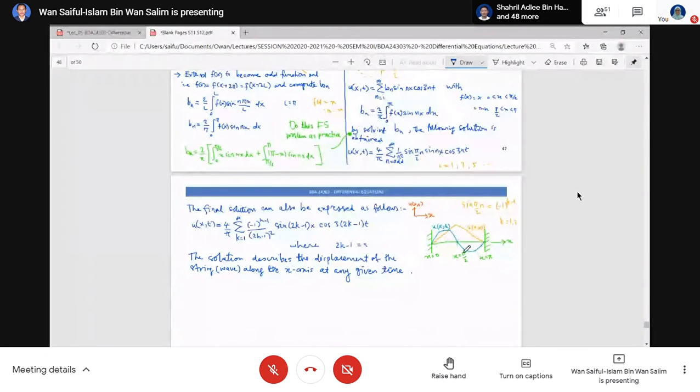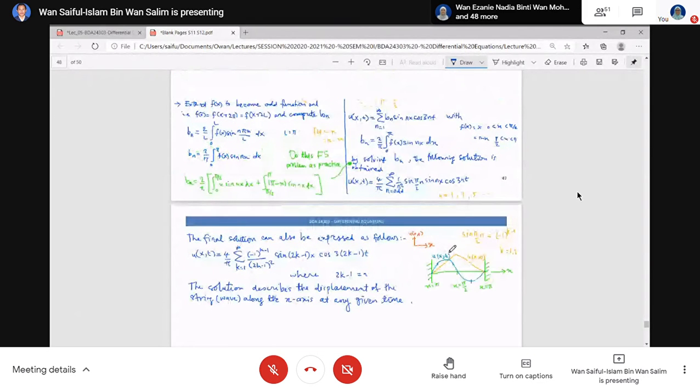So this, the displacement of the string at any given location, mana-mana saja, at any given time can be represented by our solution u(x,t). Right, so this solution describes the displacement of the string along the x-axis at any given time. Right. Okay, any questions?